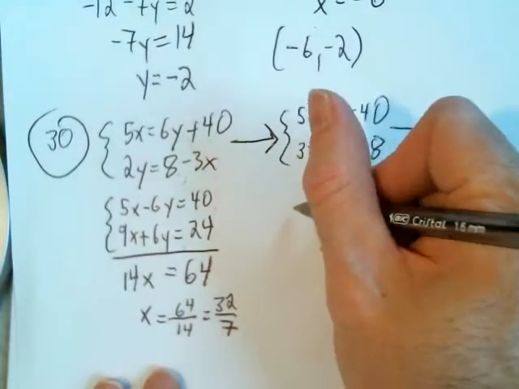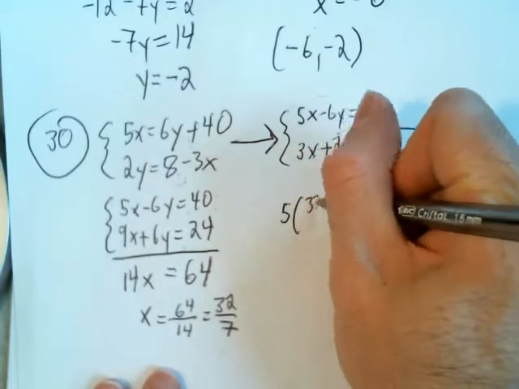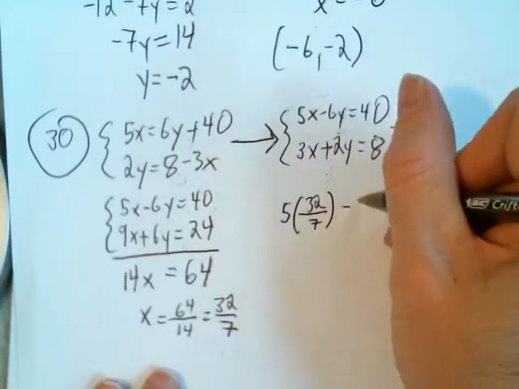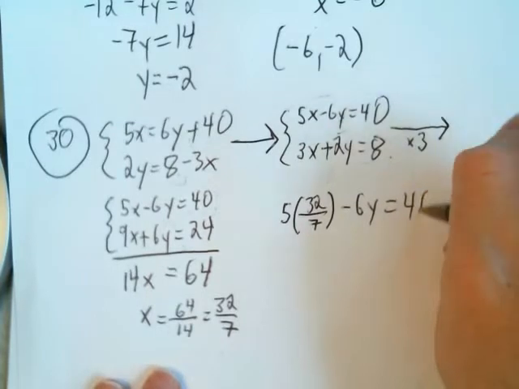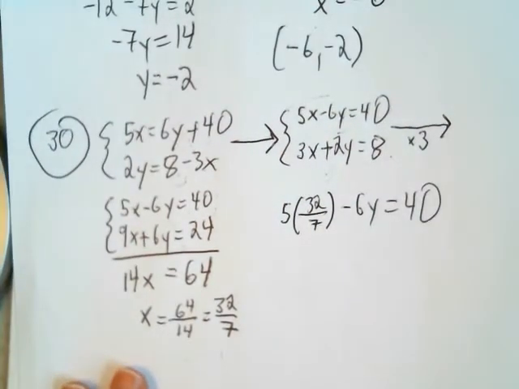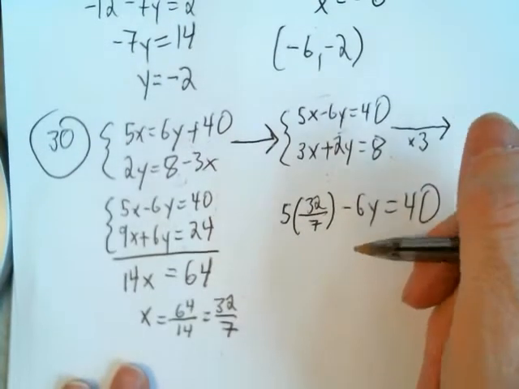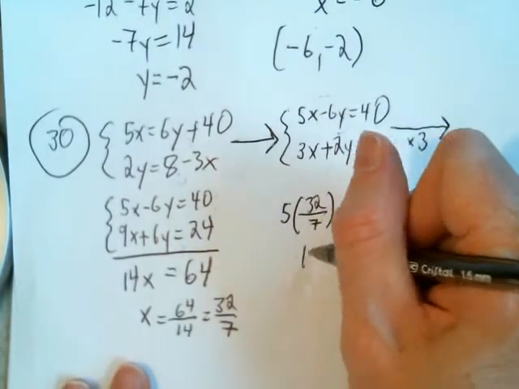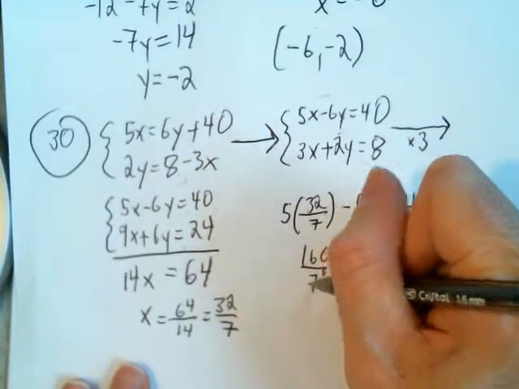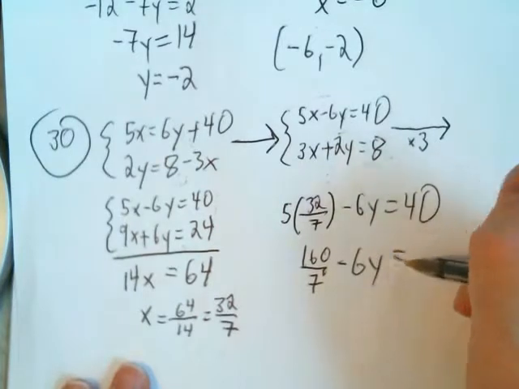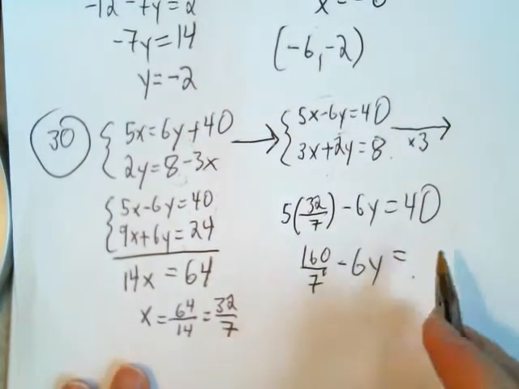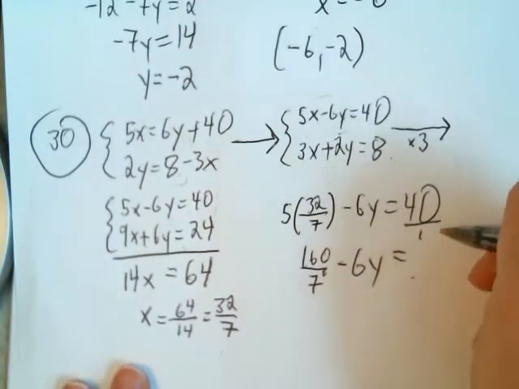So I have 5 times 32/7 minus 6y is 40. Multiplying here, I believe we get 160/7 minus 6y. And I'm going to have to move this to the other side, so I'm just going to get it out of the way and get a common denominator here.